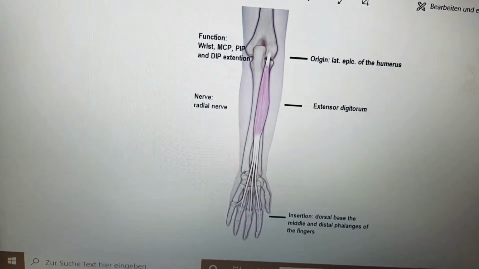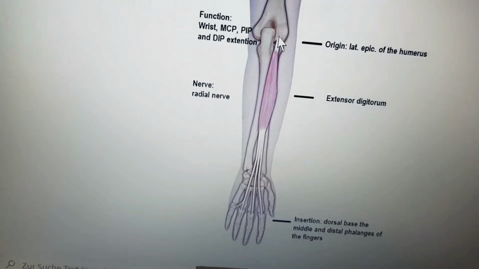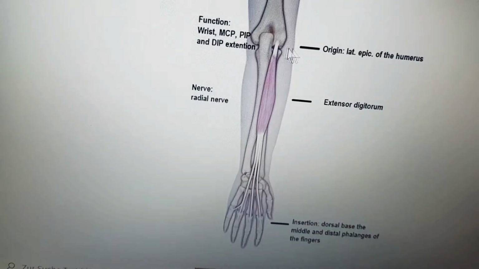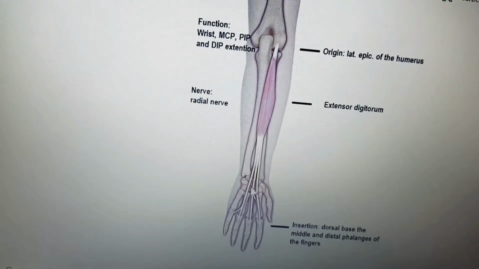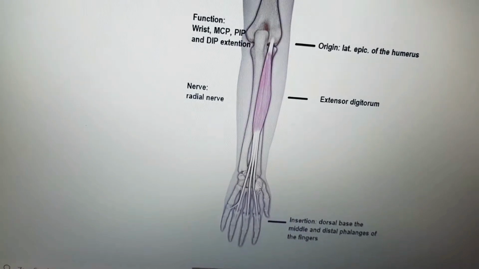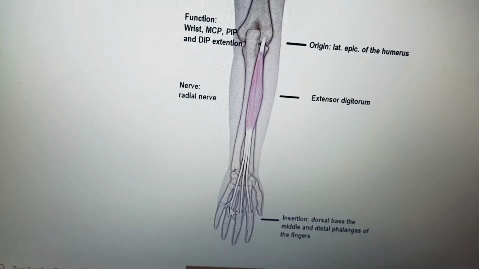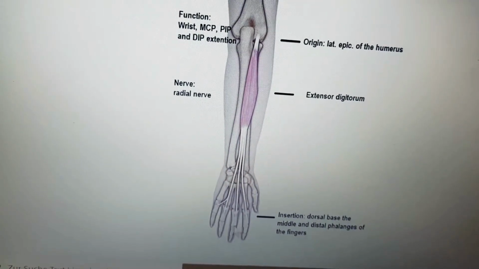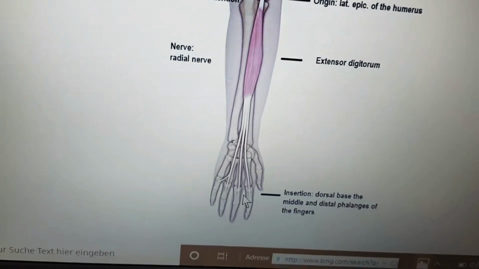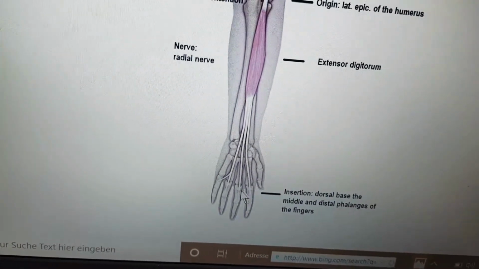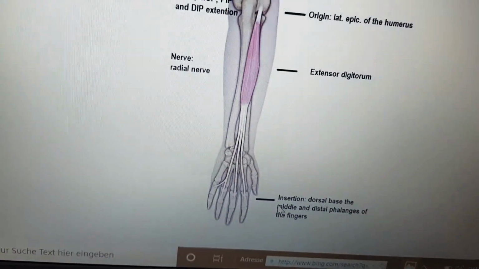The next muscle in this group is extensor digitorum muscle. This muscle originates from here, from the lateral epicondyle of the humerus, comes in this way, and is divided here into three slips, three tendons, and one tendon is divided here in two parts. These tendons are inserted here in the dorsal base of the middle and distal phalanges of the fingers.